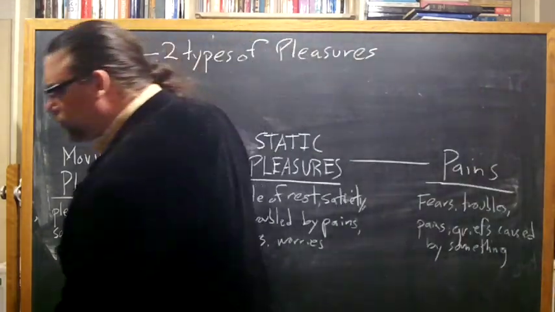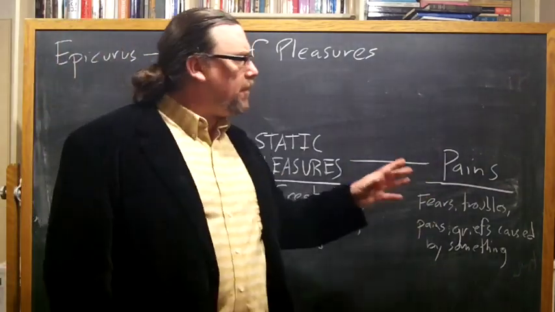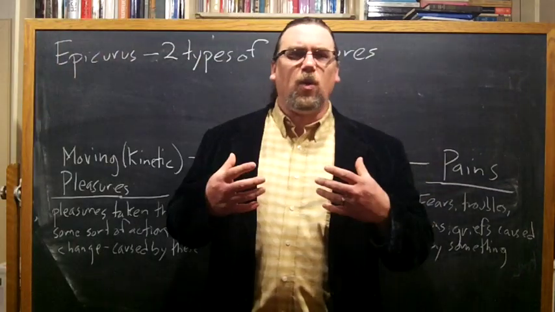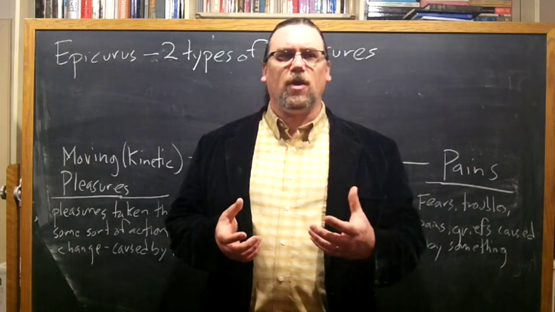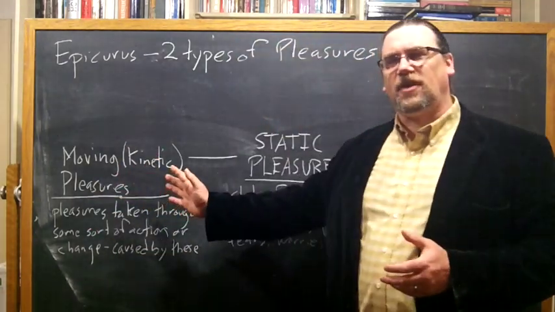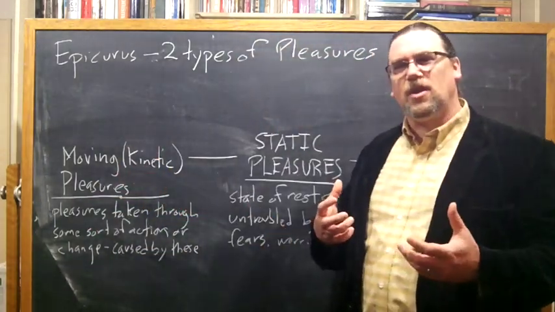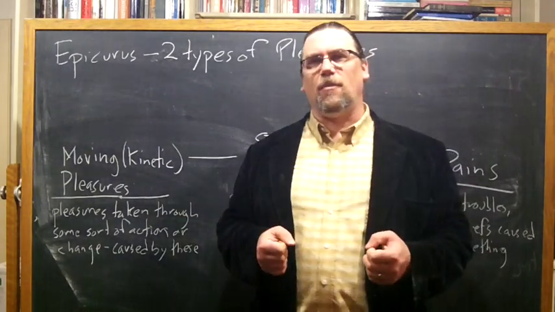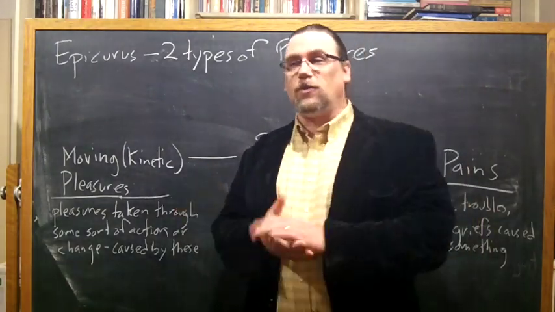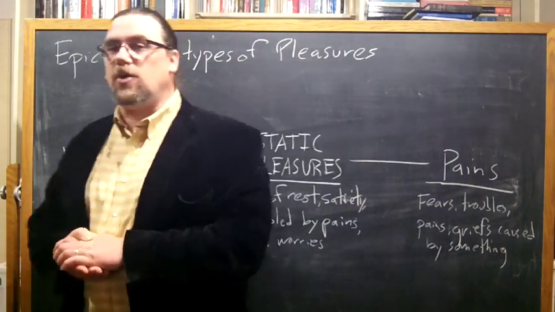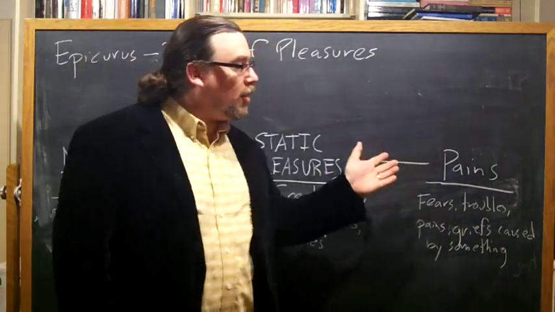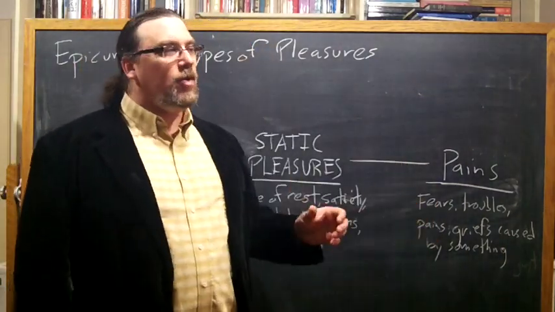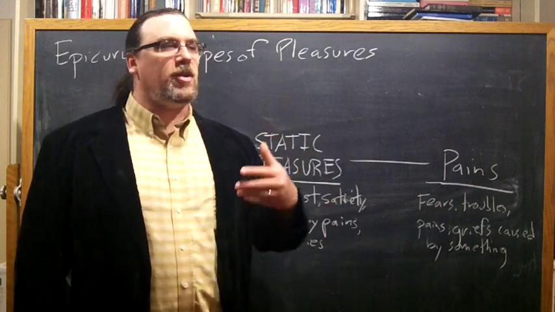So a lot of times when we're feeling pains of some sort, we want to use pleasure in this sense as a kind of compensation to distract us, to take our minds off of things. Epicurus would say, no, you really need to address the reasons, the causes why you are feeling these worries, these pains.